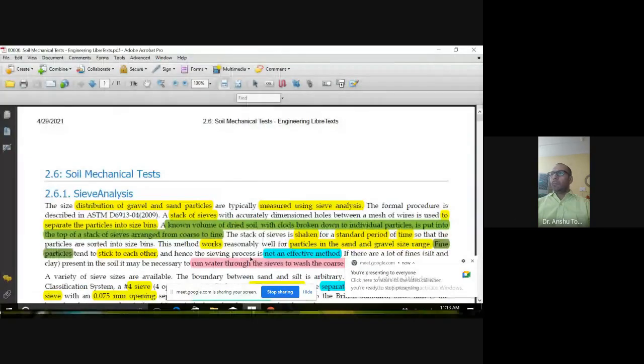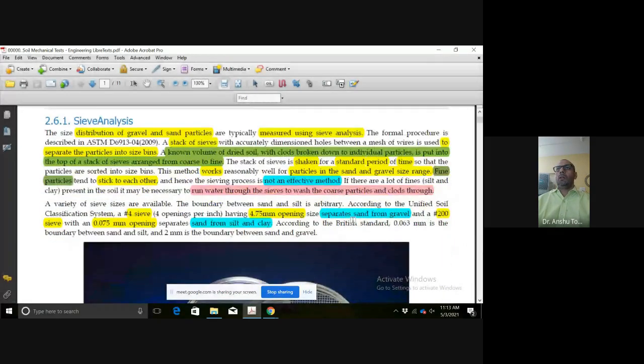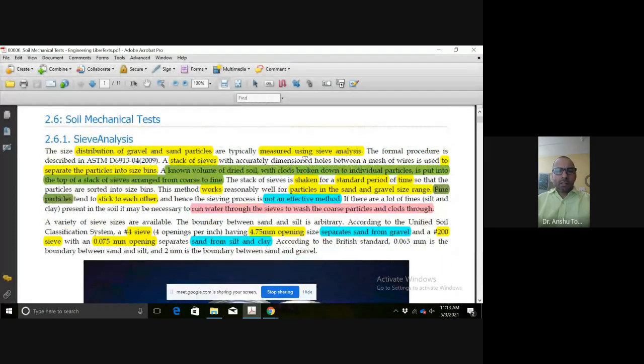Good morning. So today we will be discussing some tests on the soil sample for finding out physical and mechanical properties. As we discussed in the previous lecture, I did not have the figure, but some of the tests I will discuss using this particular document, and some using another document.